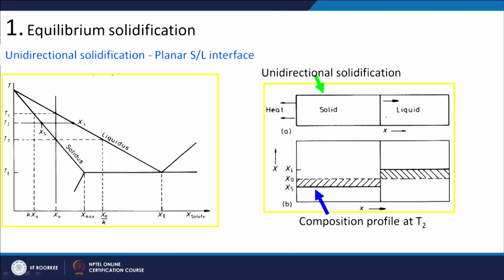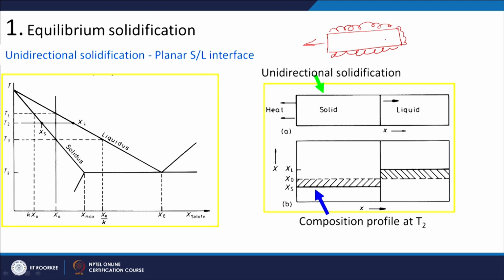This is a very nice experiment people have done. You start with a bar like this, and you fill it with liquid, and you have an insulation around it. You are allowing heat to be extracted only from this end.